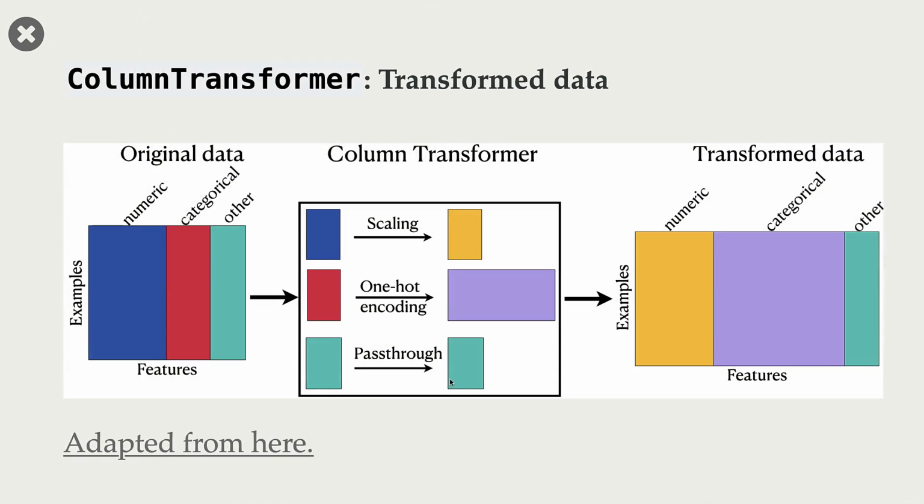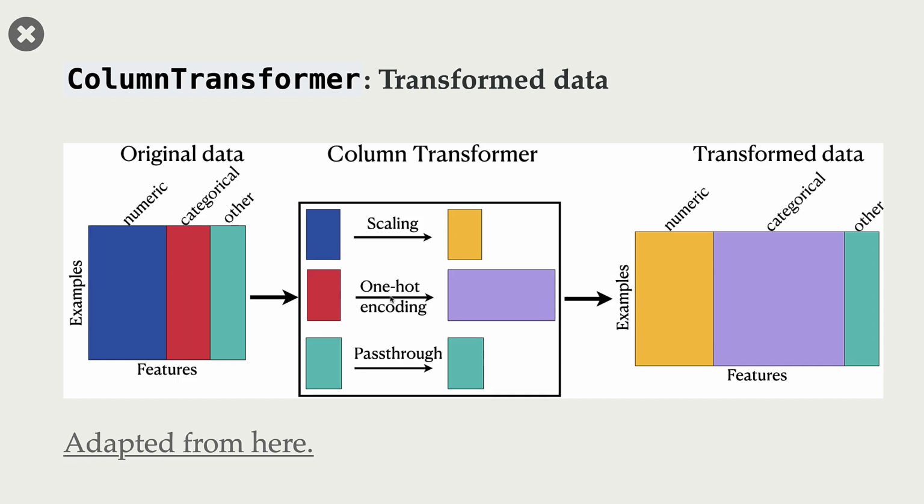So here is the summary of what ColumnTransformer is doing for us. This is our original data. We have some numeric features, some categorical features, and some other features. We want to apply scaling on numeric features, one-hot encoding on categorical features, and no transformations on these other features. And this is our ColumnTransformer.